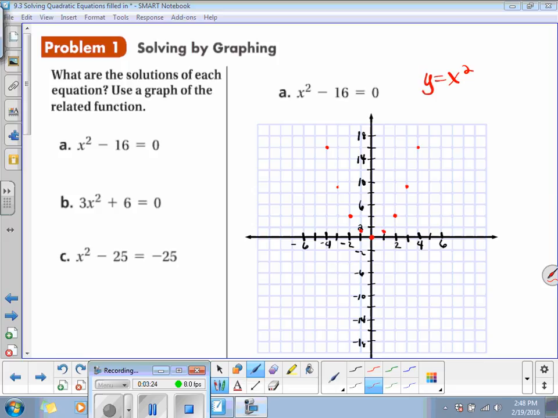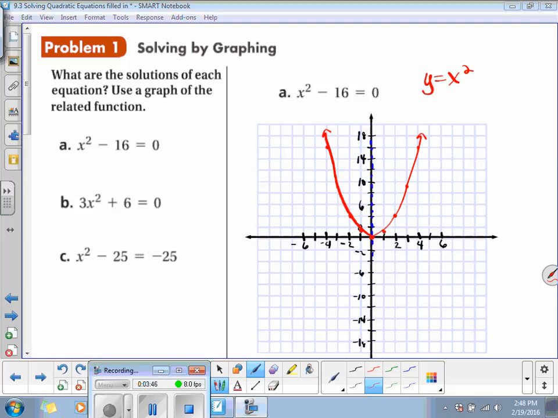Because there is a line of symmetry right down the middle on the y-axis, we can put the other side of the parabola, and this is what your graph looks like for the parent function.